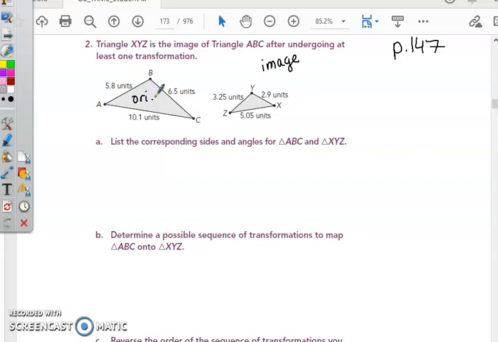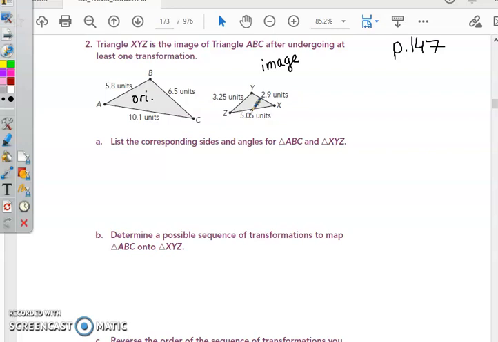Hopefully one thing you can tell is this shape is getting smaller. If they are similar, then we know that we are going to have a scale factor that is less than 1, somewhere above 0 but less than 1.